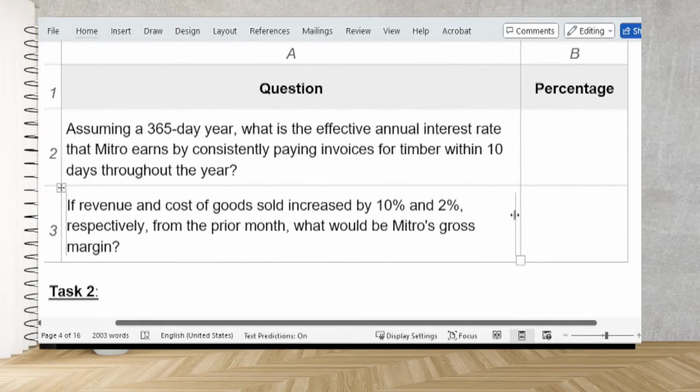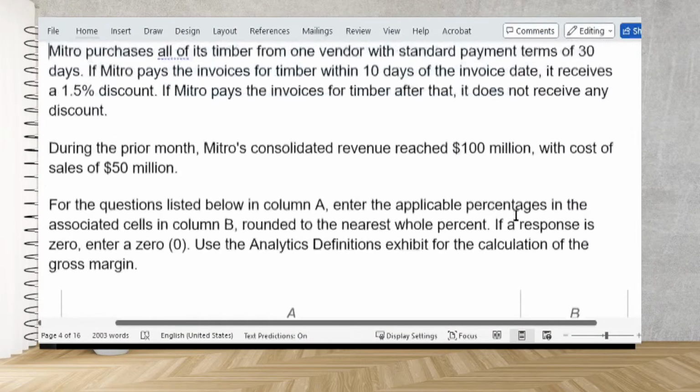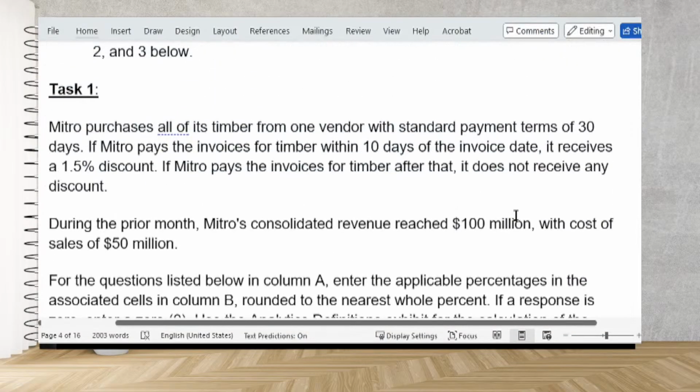Okay, so assuming 365 days, what is the effective interest rate that Mitro earns by consistently paying in 10 days? What is the normal credit period? 30 days. Okay, and if he pays in 10 days, then he can save 1.5%. Okay, so how are we going to calculate?